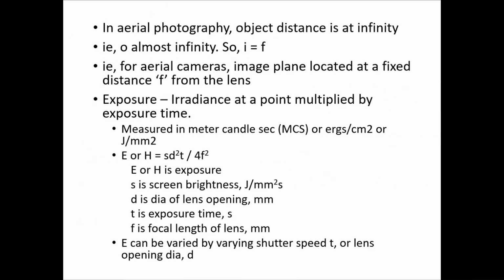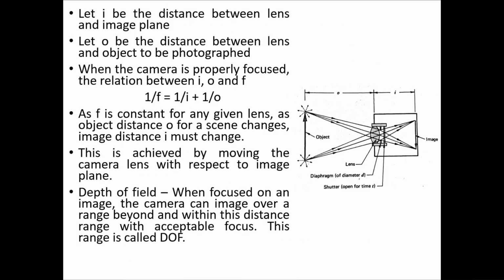So what will be the O value? O is the distance between the lens and the object to be photographed. What will that O value be in the case of aerial photography? Probably in kilometers, right? When you compare it to the value of I, that's going to be a much larger value, isn't it? So we will consider it as infinity.